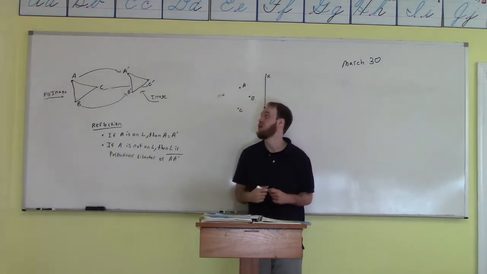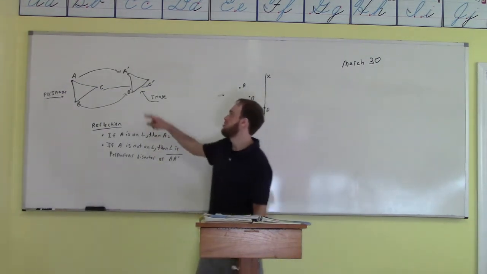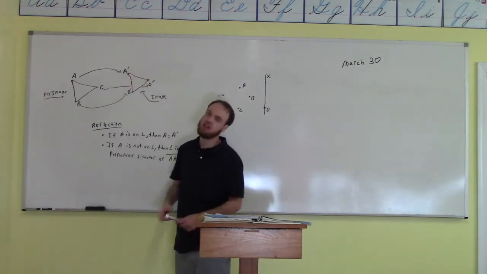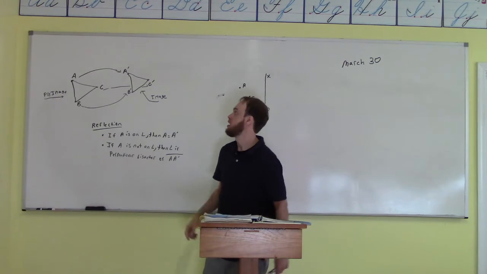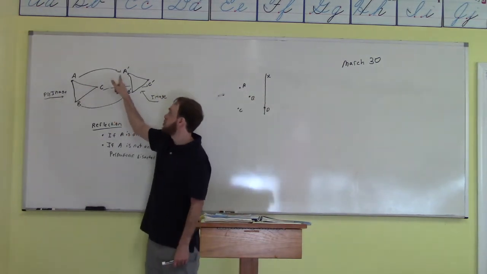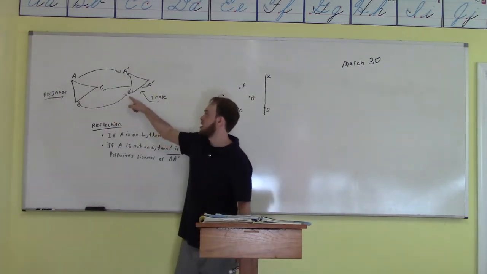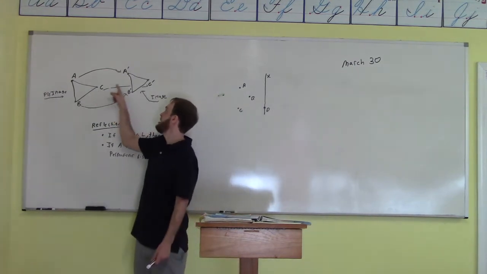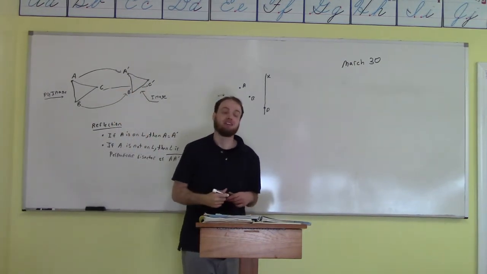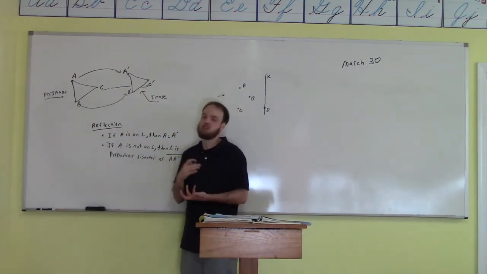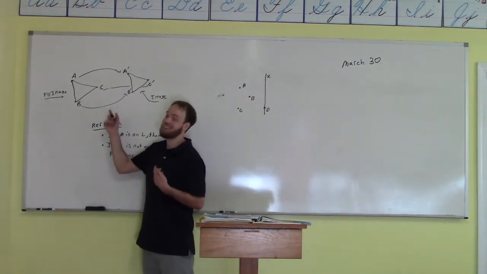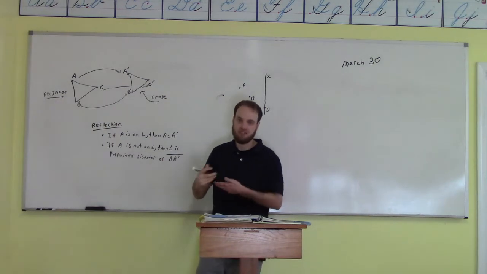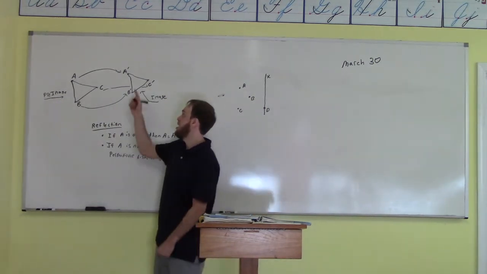The little tick mark just reads prime, so when you see A with a little tick mark above it, that reads A prime, which denotes the new image. So A moves to A prime, B moves across to B prime, and C moves across to C prime. Since we're not actually changing anything with the triangle, it's going to be an identical triangle. So triangle ABC is congruent, with the same measures as triangle A prime, B prime, C prime.